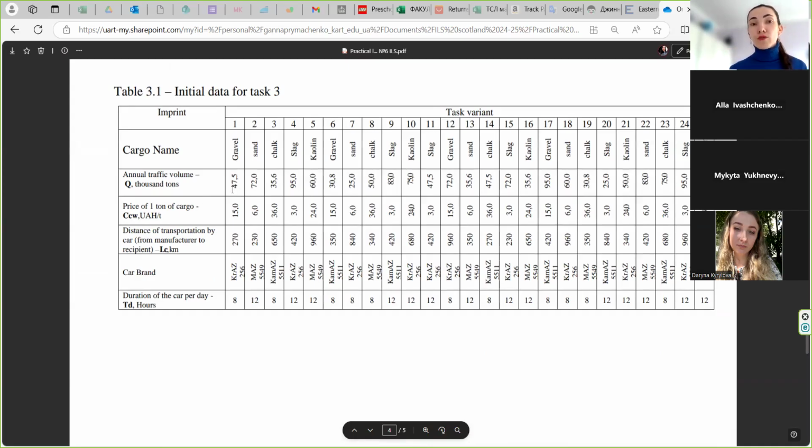So if you have the first variant, you write on your list or in your document 47.5 thousand tons, but we need to multiply it by 1,000. And for other variants, we also need to do it. Use this parameter in tons, so multiply by 1,000. It is for every variant.